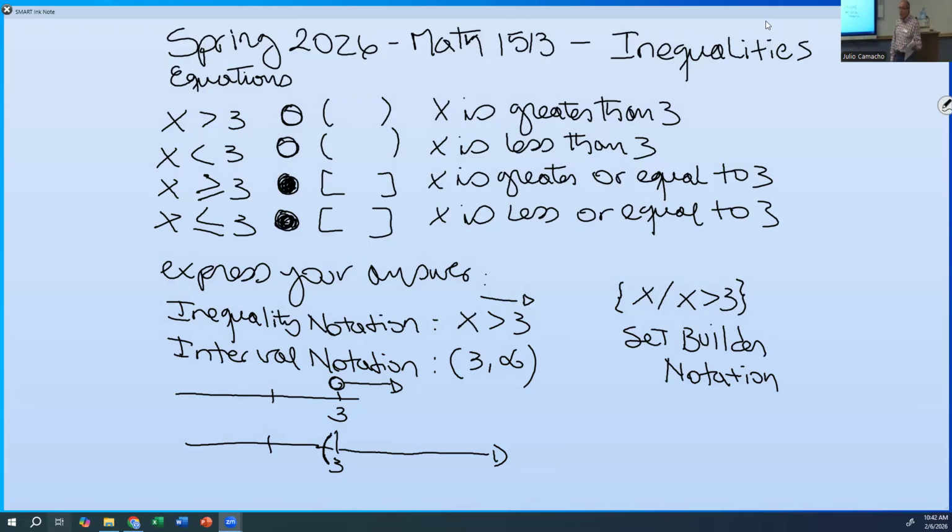In one question, they will ask you to express your answer in interval notation, in another in set builder, and in another to graph the answer. Or in the test, they will give you the graph and ask you to put it in interval notation or inequality. So you need to know how to go from one to the other, or from the graph back to the inequality.